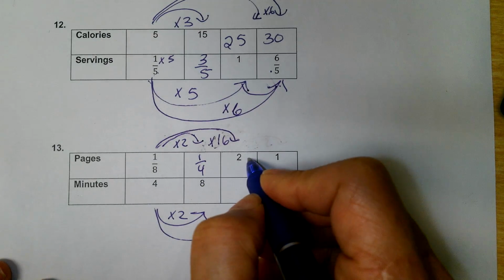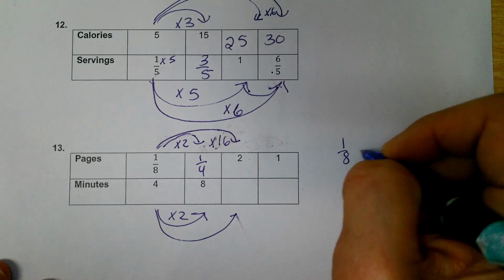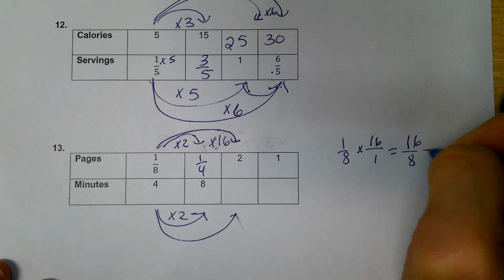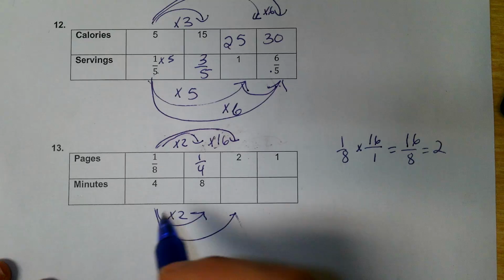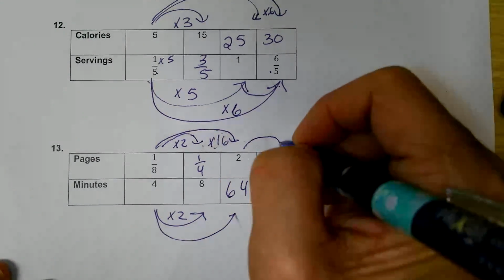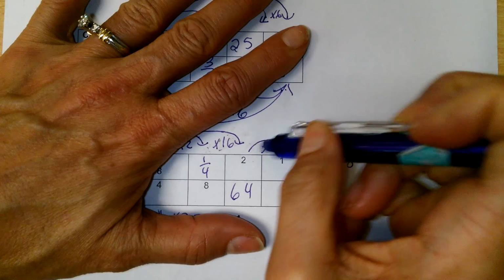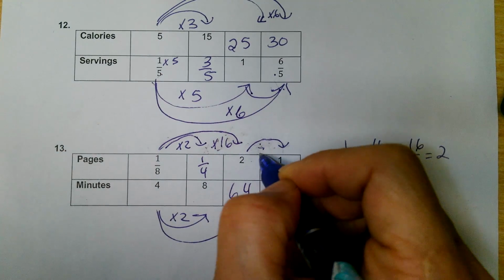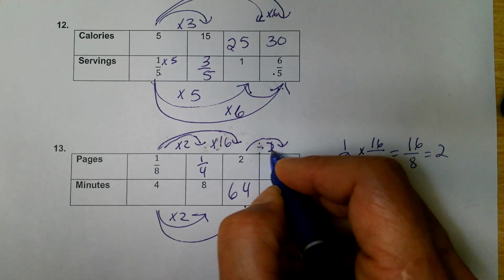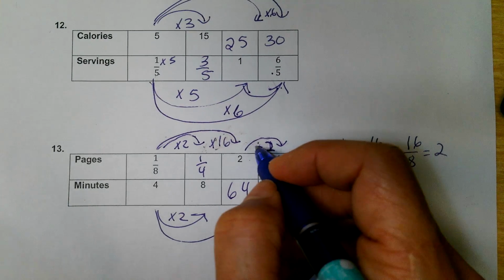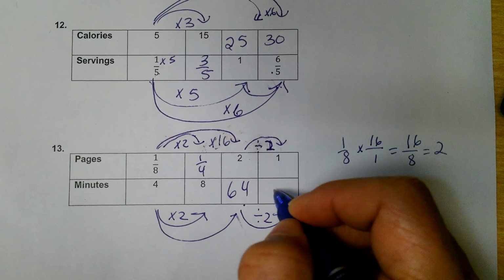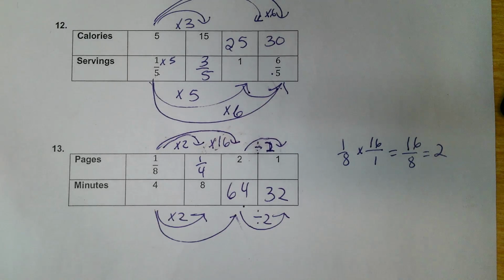And then it is 2, because if I did 1/8 times 16, there you go. 16 over 8, which equals 2. And so 4 times 16 is 64. Now I'm going to do 2 divided by 2, which is 1. So 64 divided by 2 is 32. All right, sorry about that confusion here.